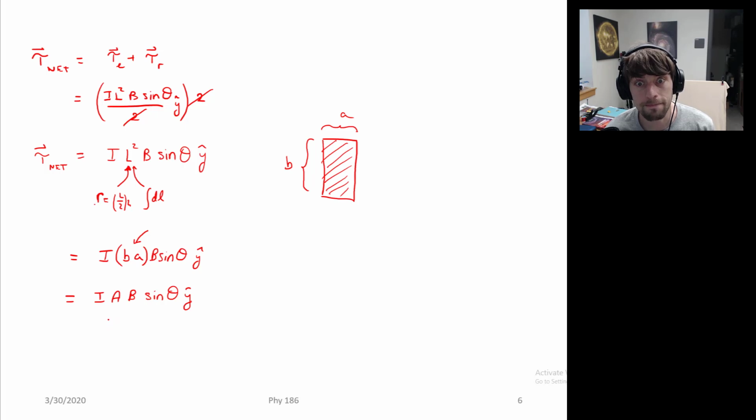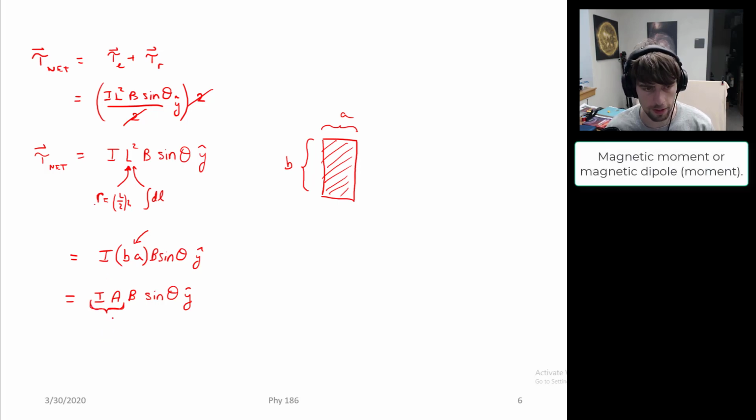Okay? And I could go even further than this. Generally, this is more for your information. Generally, this I A is sometimes called, I think, the magnetic moment of the loop.